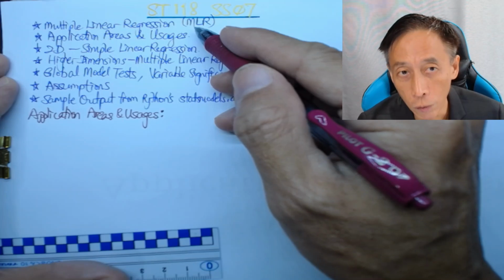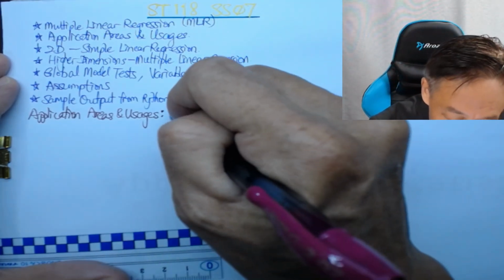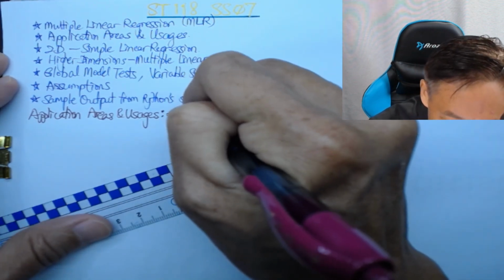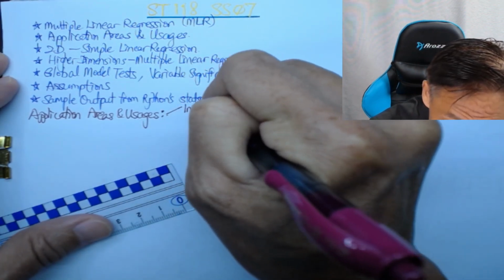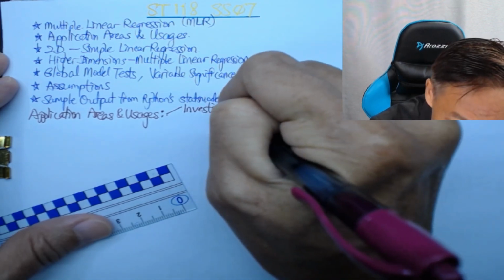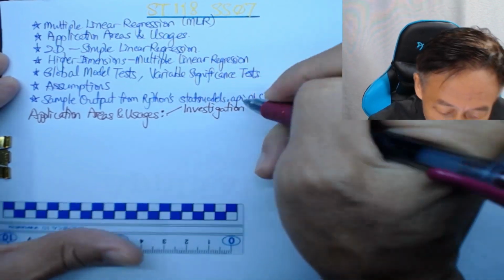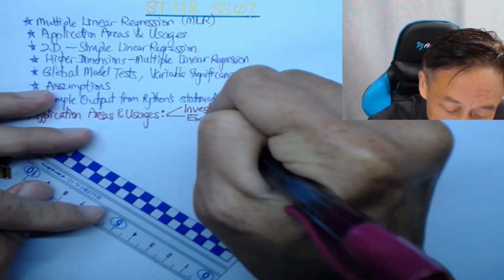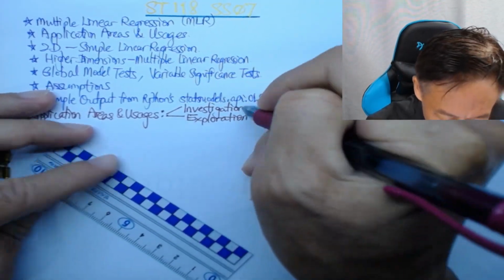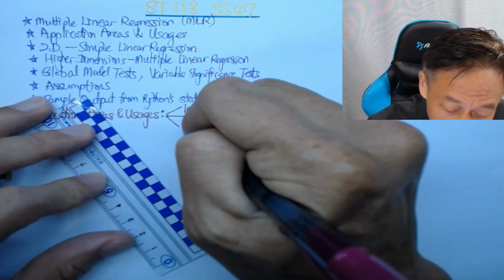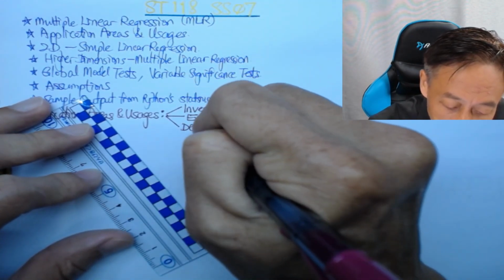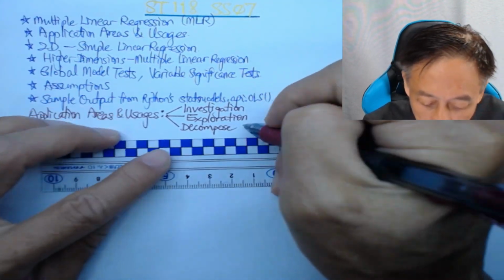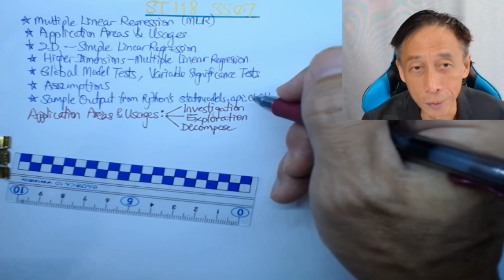MLR is just a tool for us to achieve, I can broadly say, four perspectives. We want to perform investigation, right? We want to explore, so exploration. We want to decompose to find out why. So decompose is a little bit like what and why together, right?